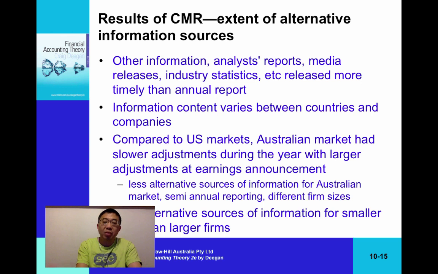The importance of annual reports is less. But when you look at smaller firms or even private firms, Sendirian Berhad firms, the only source of information could be the annual report. So the impact of the annual report becomes greater. So this is quite interesting to see the importance of information contained in the annual report.